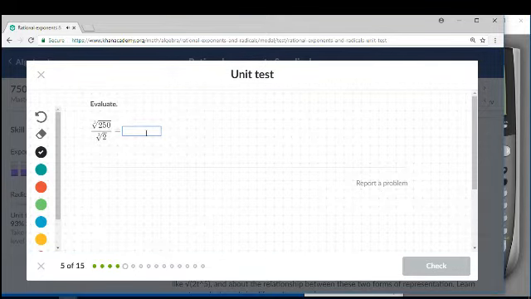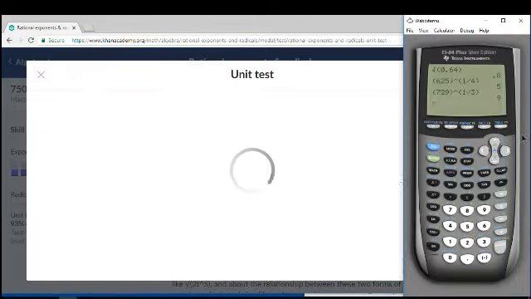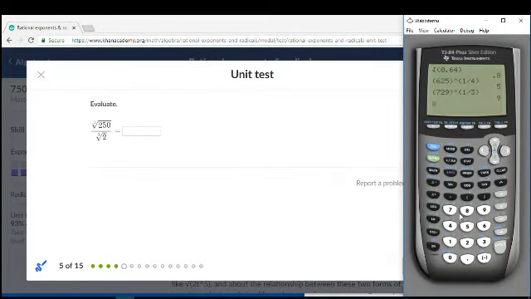All right, the cube root of 250 over the cube root of 2. Okay, so I guess I'll need to find common cube roots. So let me resume the unit test. So let's look at 5 cubed is 125. 125 times 2 is 250.